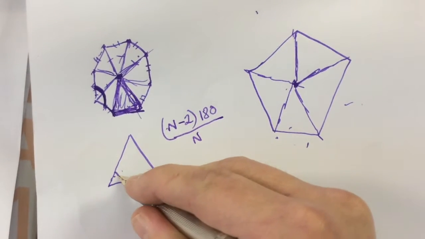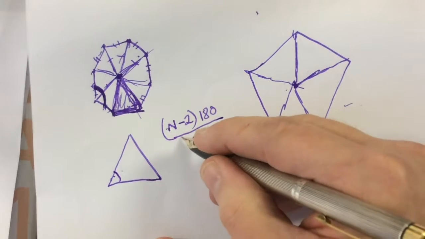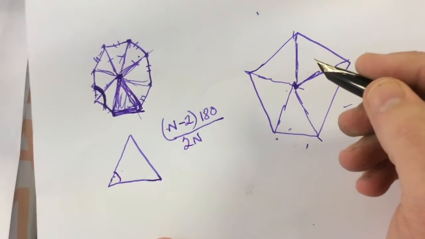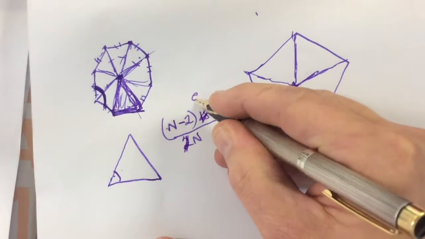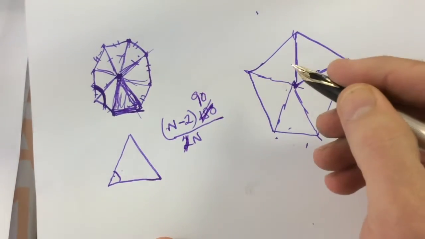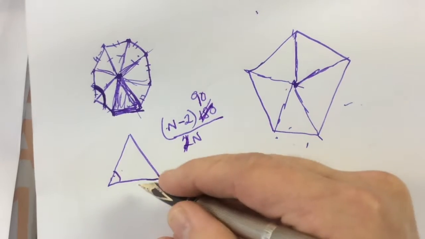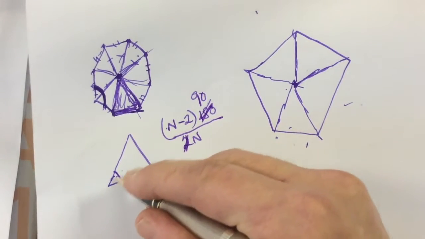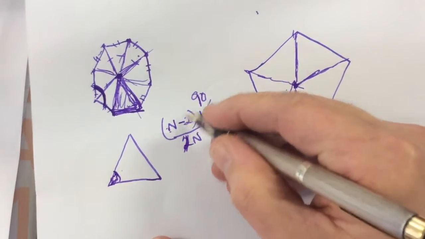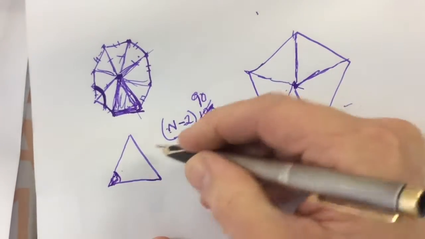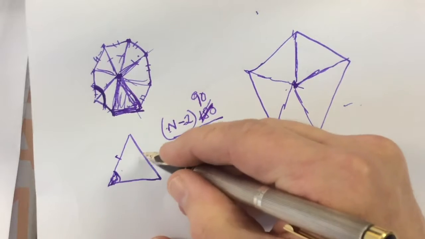The measure of this angle will be half of that, which means putting a 2 there, or, if you prefer, dividing this and making this 90. So this angle right here is going to be n minus 2 times 90 divided by n. And that's nice.